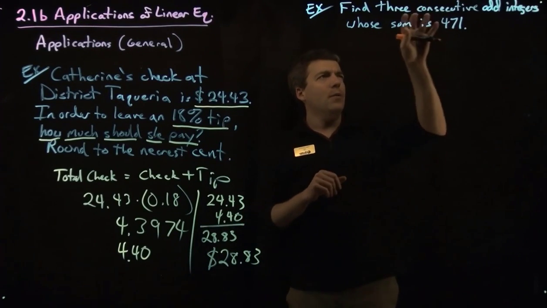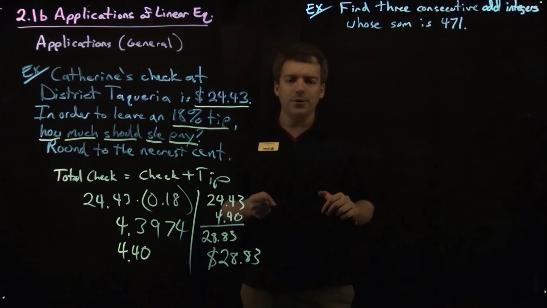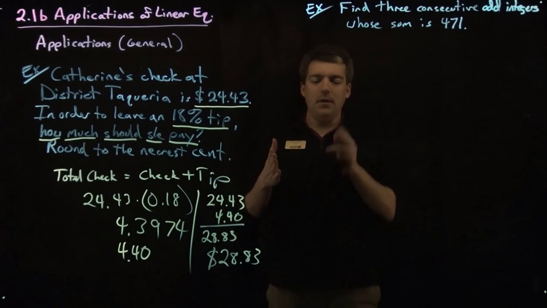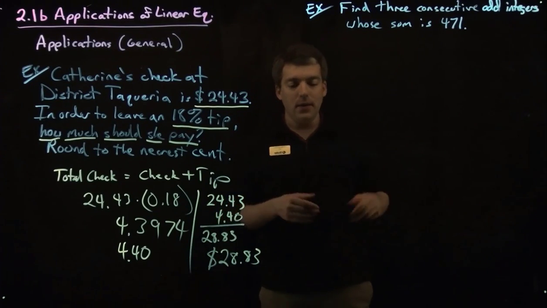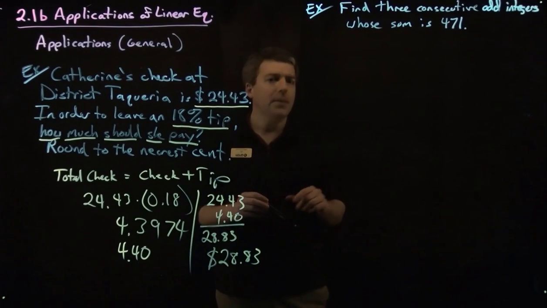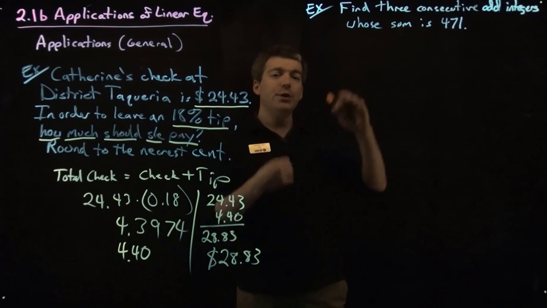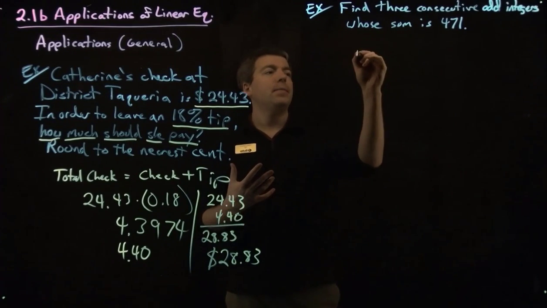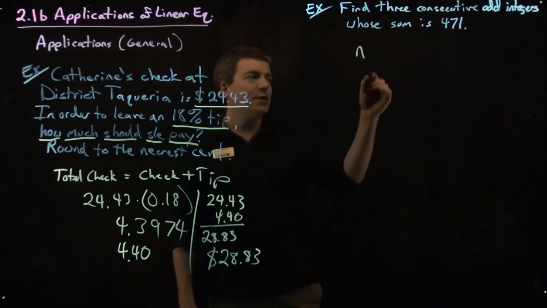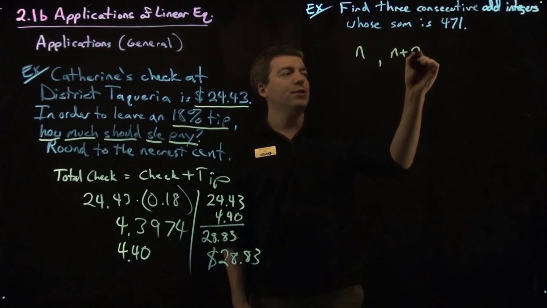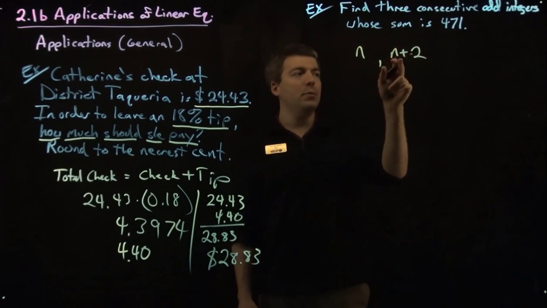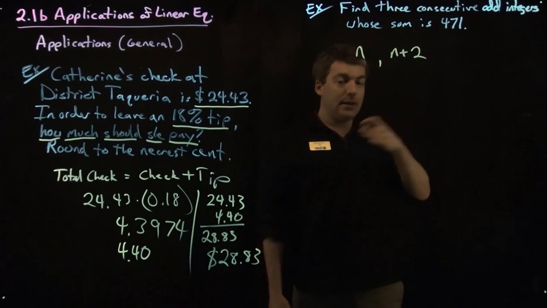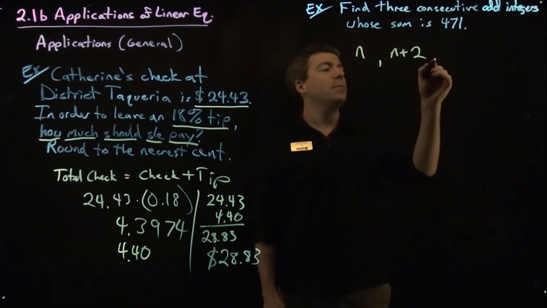All right, now what does it mean to have consecutive odd integers? Let's think of some, like 3 and 5 and 7, right? Or 7 and 9 and 11, right? They're all 2 apart. So if we have, say, the first one, and we call that n, right? This next one would be n plus 2. So say n is 1, right? Then this term would be 1 plus 2, or 3, the consecutive odd term.